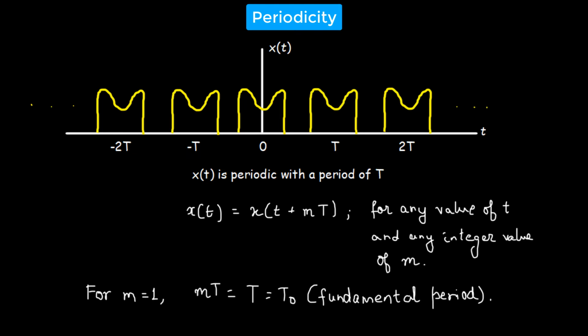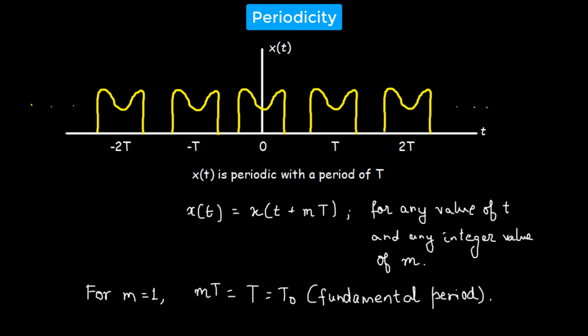Fundamental period means a function that is going to repeat on intervals of length T naught. A fundamental period can also be referred to as the smallest positive value of the time T such that the equation x of t plus T equals x of t holds.